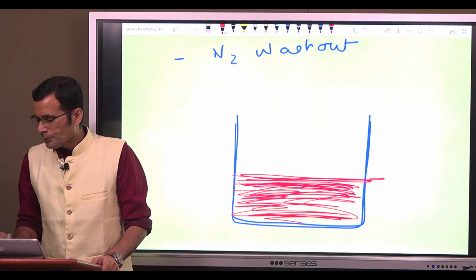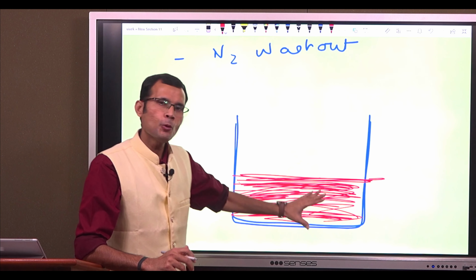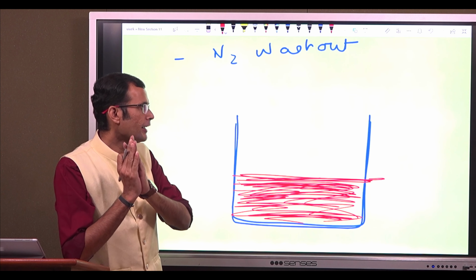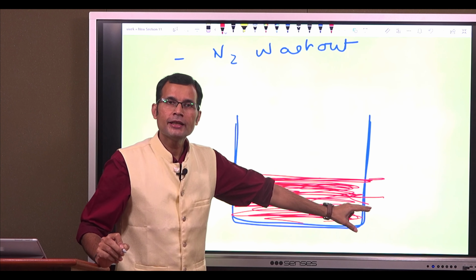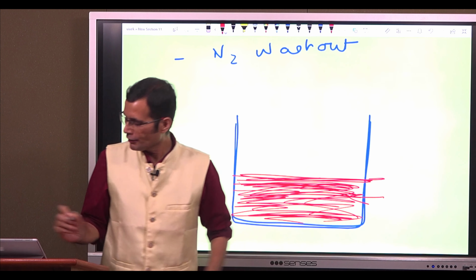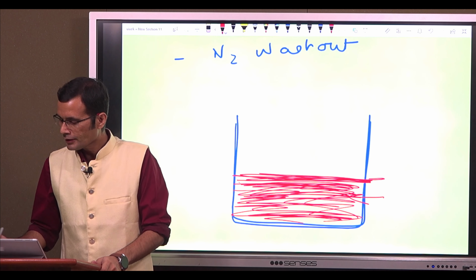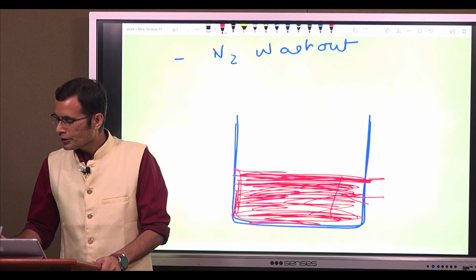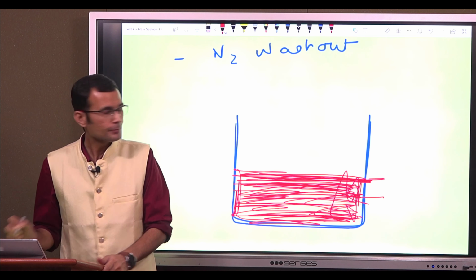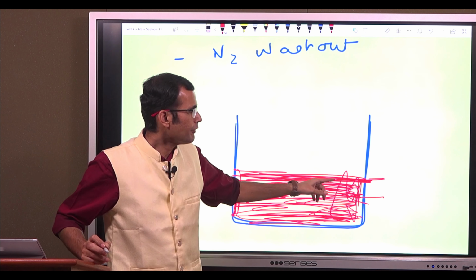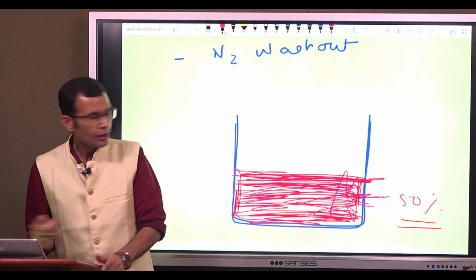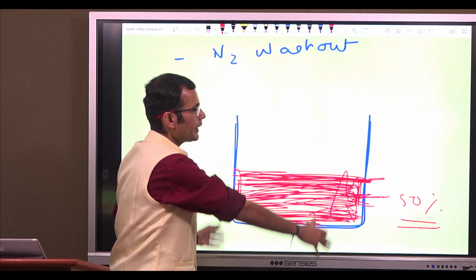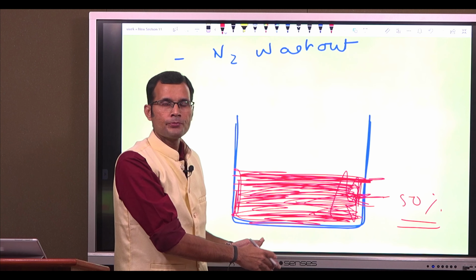Now, suppose I say that if I measure this tea powder or coffee powder, this is filling 50% of the entire volume.